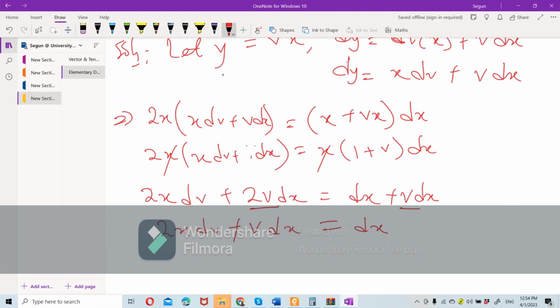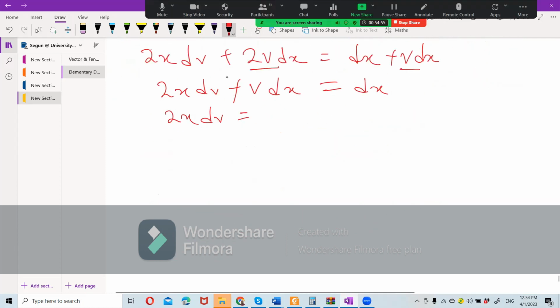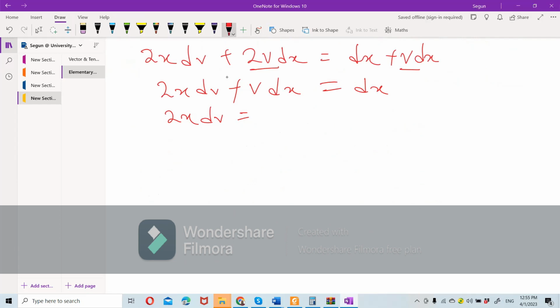Now that we have this, and we're trying to do a kind of separable variable, so we have 2x dv equals to dx minus v dx.